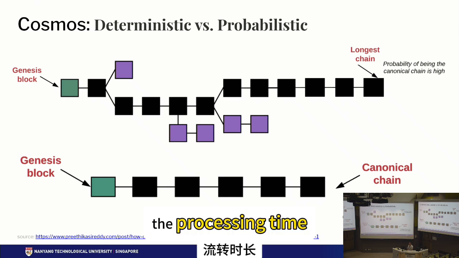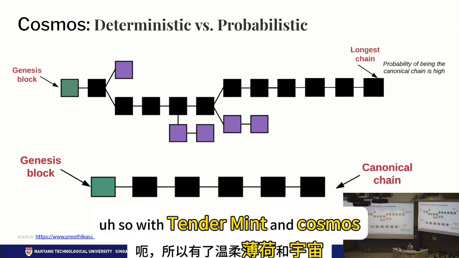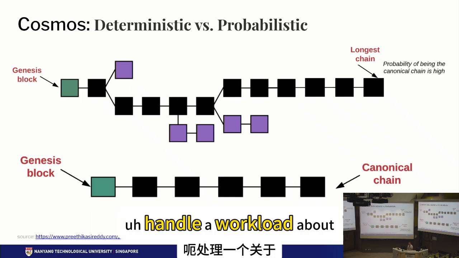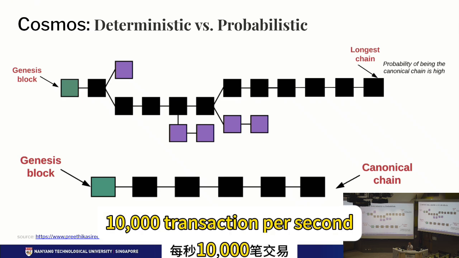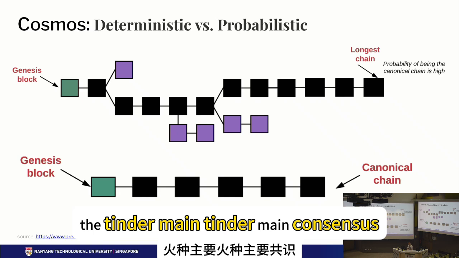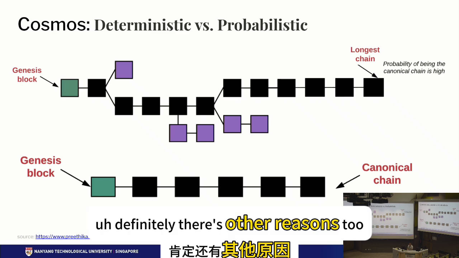The processing time for finality is therefore much faster. With Tendermint and Cosmos, we are able to handle a workload of about 10,000 transactions per second. The Tendermint consensus contributes a lot to that, though definitely there are other reasons too.